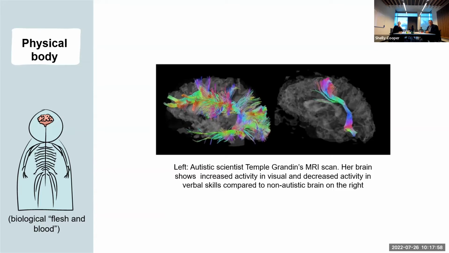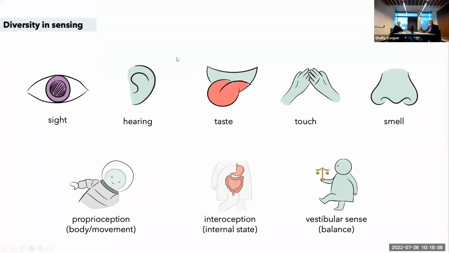They have strengths in other areas, for example, visual processing very often. On the next slide, we will see some of the main differences, for example, in our sensory system. There are the 5 basic senses, which most of you would be familiar with, which is sight, hearing, taste, touch, and smell.